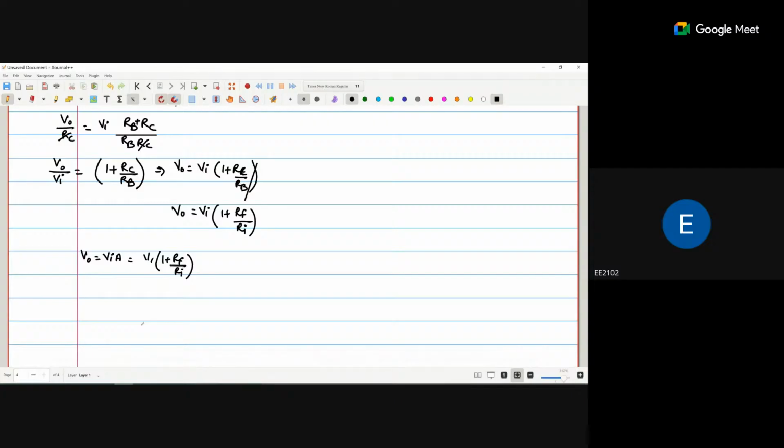So the output voltage is dependent on gain A, and that is equal to 1 plus RF by RI for a non-inverting amplifier.